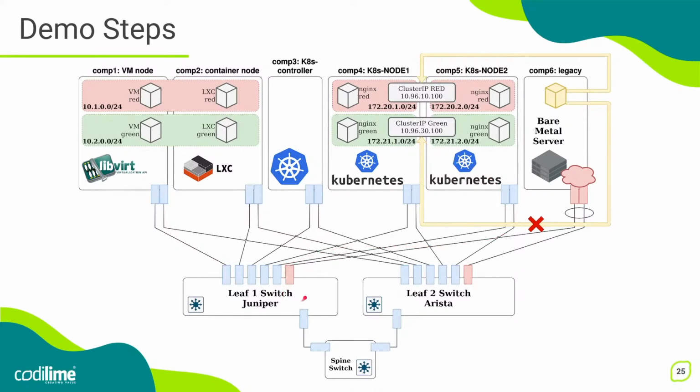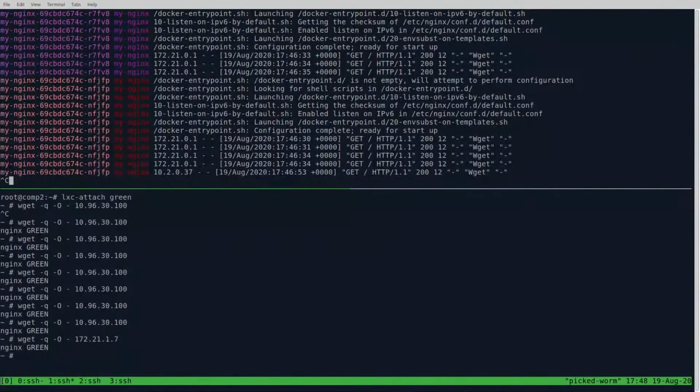So here the separation and multi-tenancy is provided by the Juniper and Arista switches, which appropriately assign traffic from the bare metal server to VRF red. And this is being done over the Bond 0 interface configured on the COMP6 server. So let's take a look at the consoles again.